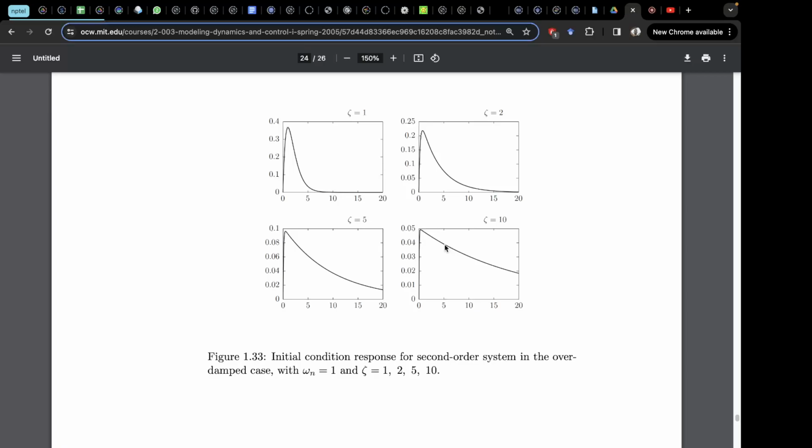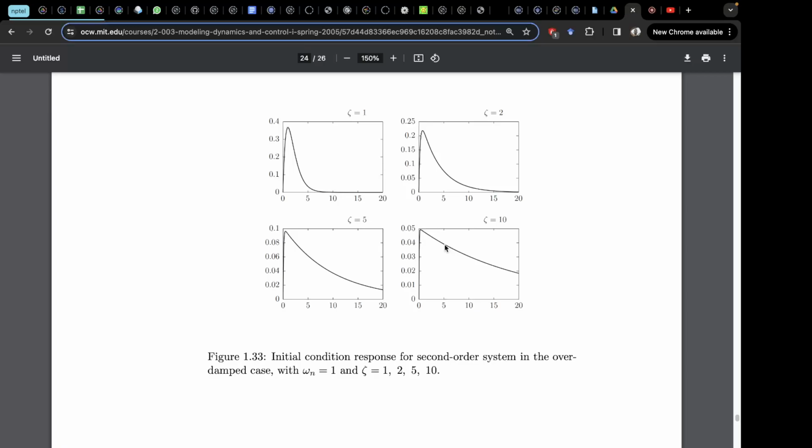Sir, in the beginning, when you gave the example of a door, I think you made the displacement maximum and allowed the velocity to be zero and let the system come to its neutral point, isn't it? Yeah. So that initial condition is different from the initial conditions for which these plots are made.